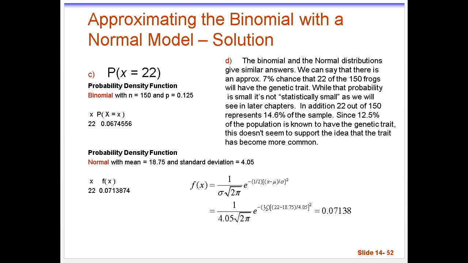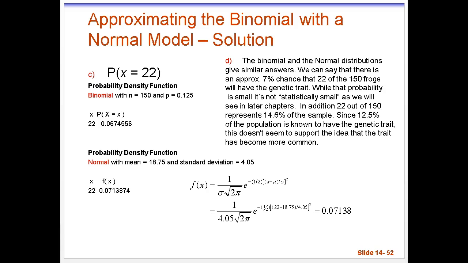As we're going to see in later chapters, usually a small chance is something that's 5% or less, and 7% is not all that small. So really we would conclude that the genetic trait is not really becoming more common in this population.